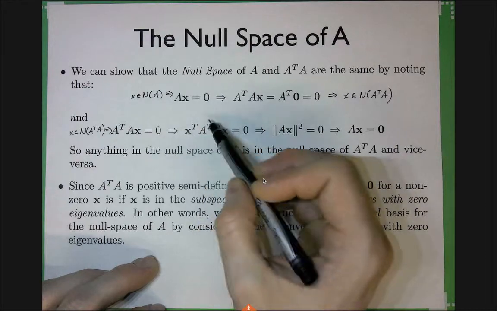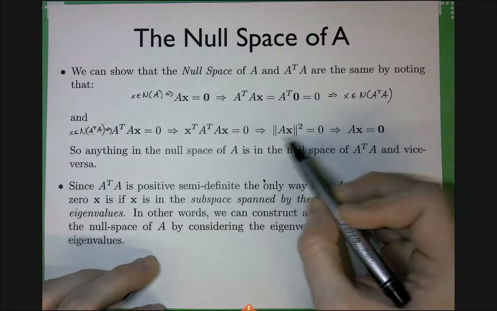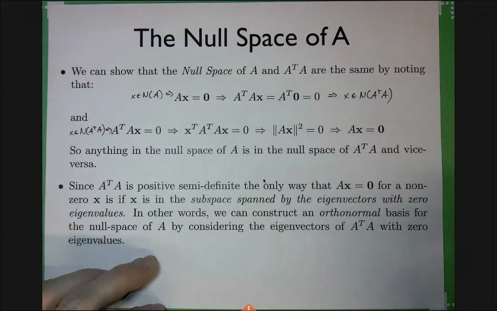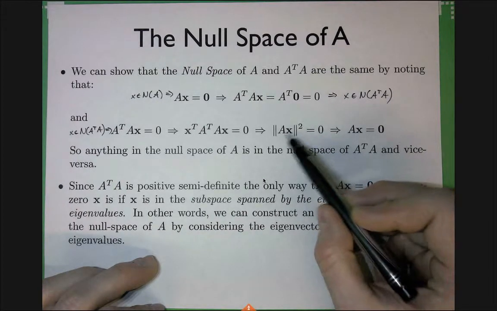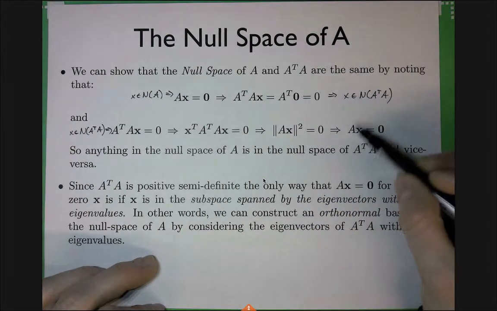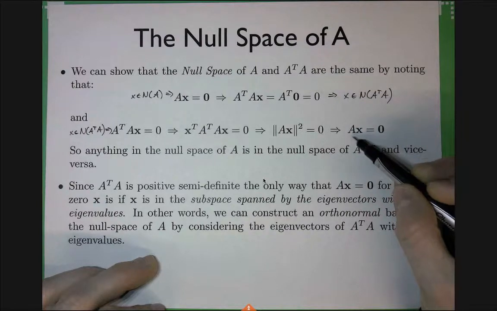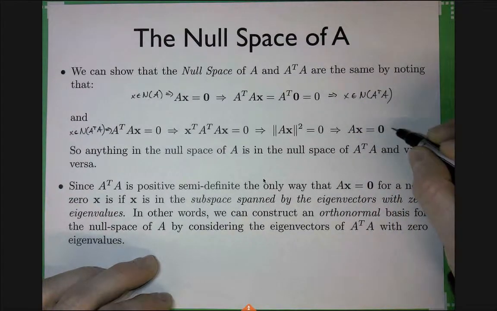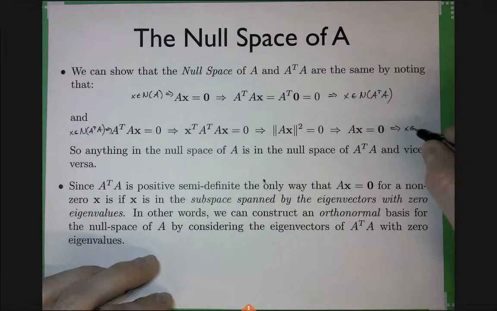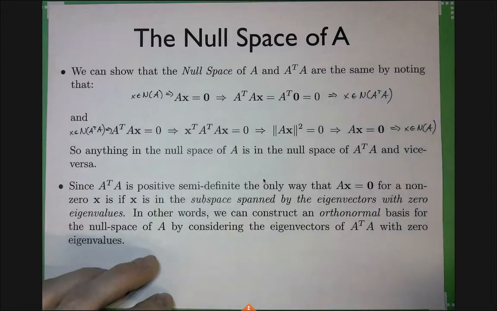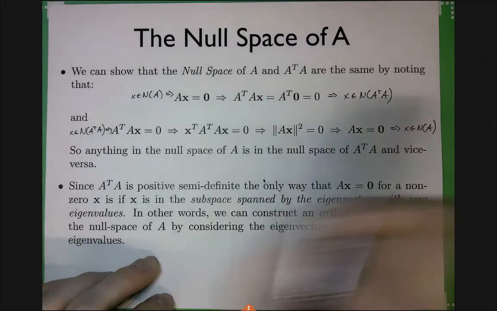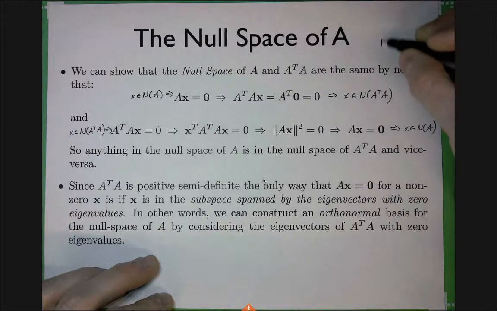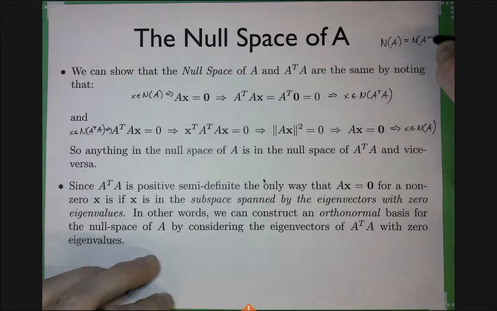And this, if I do the transposition trick, I see that this is nothing but the square norm of Ax. And if the square norm of some vector is 0, that's only possible if the vector itself, in this case the Ax vector, is 0. So this shows that x is in the null space of A, which, if you put it together, shows that the null space of A is exactly equal to the null space of A^T A, which is interesting, I think.